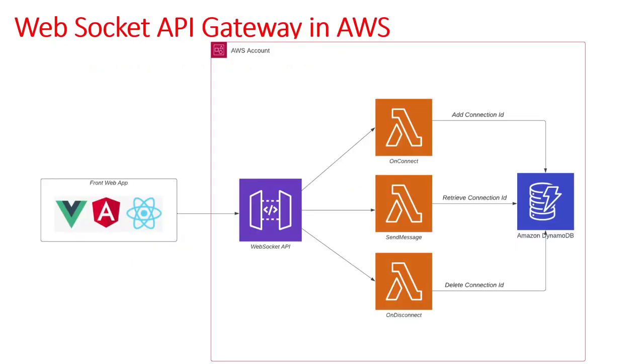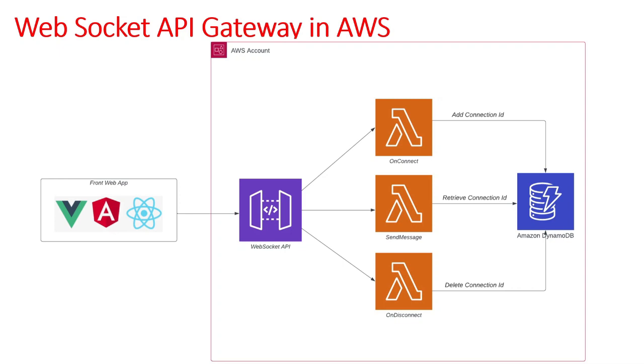How does the WebSocket API Gateway work in AWS? If you look at this diagram, on the left side there is a front-end web application which is representing the client. It uses AWS's WebSocket API to make a connection to the server. Now, as you can see, AWS provides three different handlers, which are essentially three different Lambda functions that would be Lambda integrated with the WebSocket API.